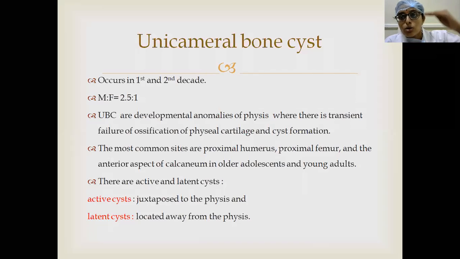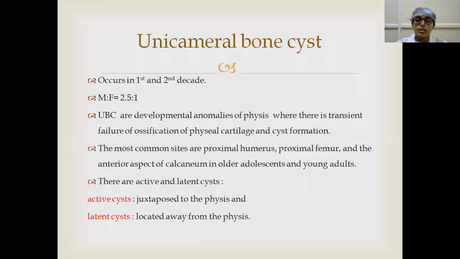Initially it will be closer to the physis, and with growth it moves away from the physis towards the diaphysis. Active cysts, where the growth potential of the cyst is more, are very close to the physis. Juxtaposed to the physis means they are closer or towards the physis. And latent cysts are the cysts located away from the physis.